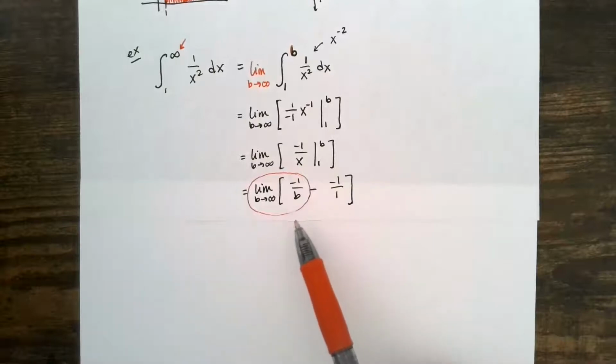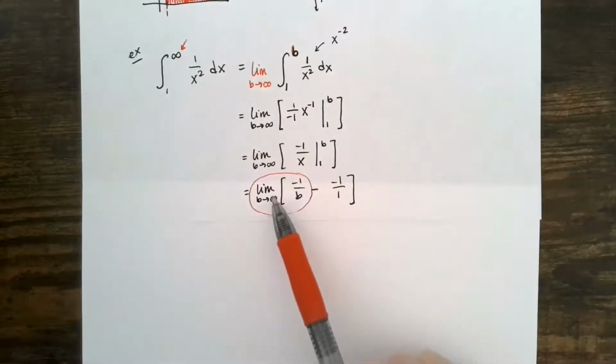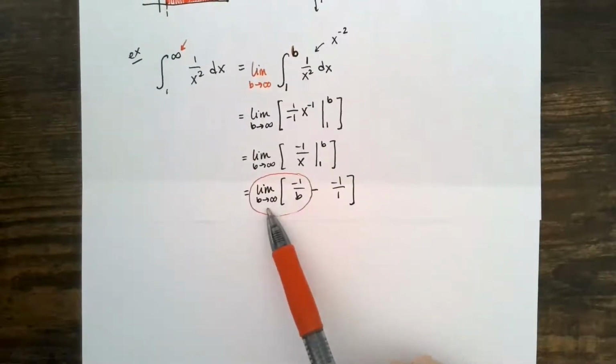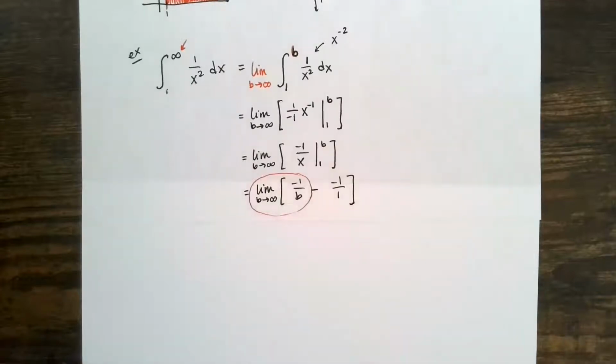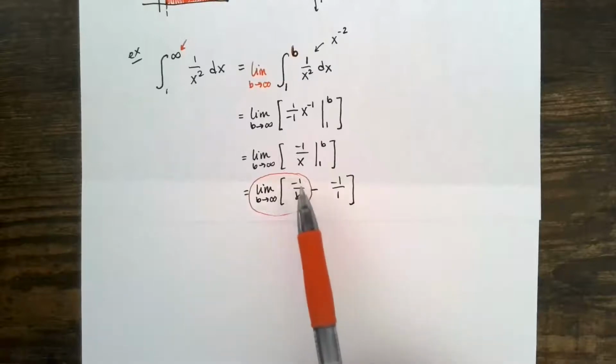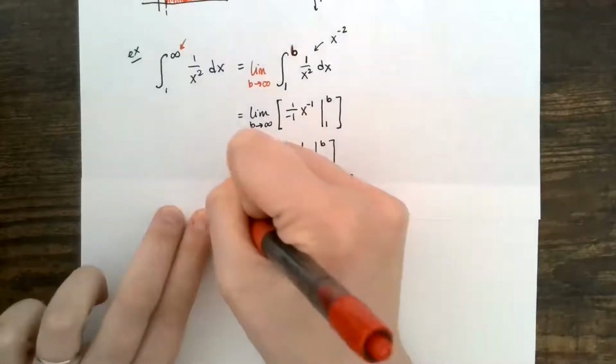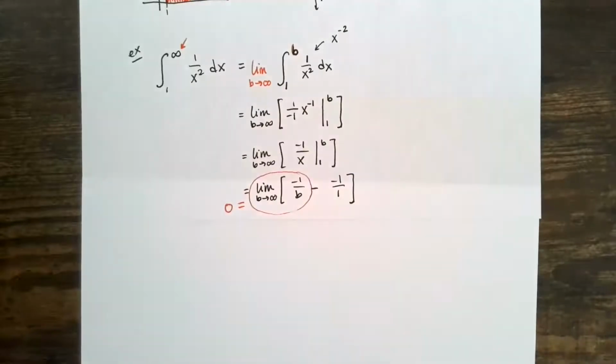So I'm going to put everything else aside and just decide what is the limit as b approaches infinity of negative 1 over b. Remember, because this is a recording, at any time you can pause me if you want to take a little extra time and think. This limit should be 0, right? Constant top, bottom goes to infinity. That whole limit is 0.